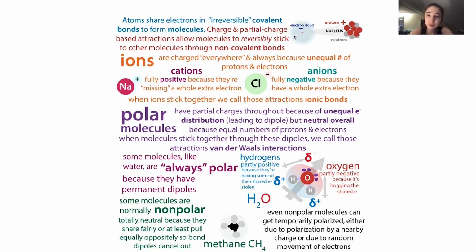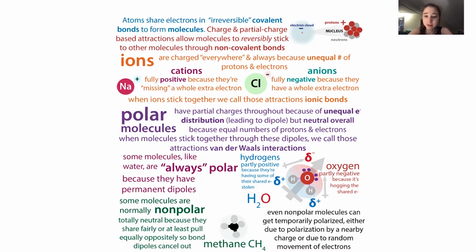There are positively charged protons, and the number of protons defines the element. These positively charged protons are glued together with the help of neutral neutrons, and they're hanging out in this tiny, dense central nucleus. Then you have this big electron cloud where negatively charged electrons are whizzing around. These are equal and oppositely charged to the protons. So if you have an equal number of protons and electrons, you have a neutral molecule.